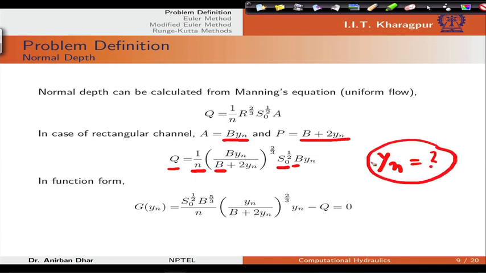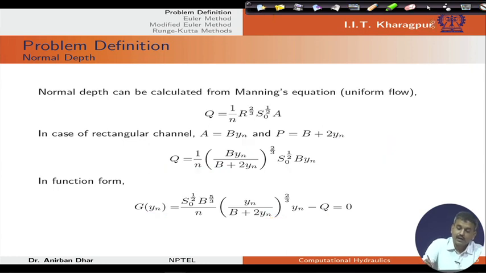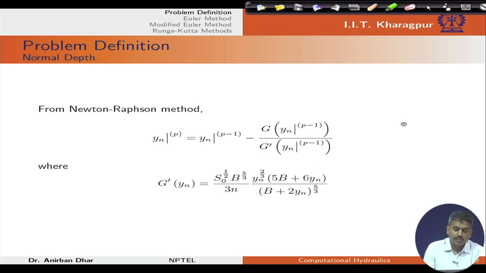Now, what we can do is form one function, which is g of y n. g is a function of y n, or normal depth of flow, and we can transfer this q to the right hand side and write it like this and equate it to 0. And we already know the Newton-Raphson method.